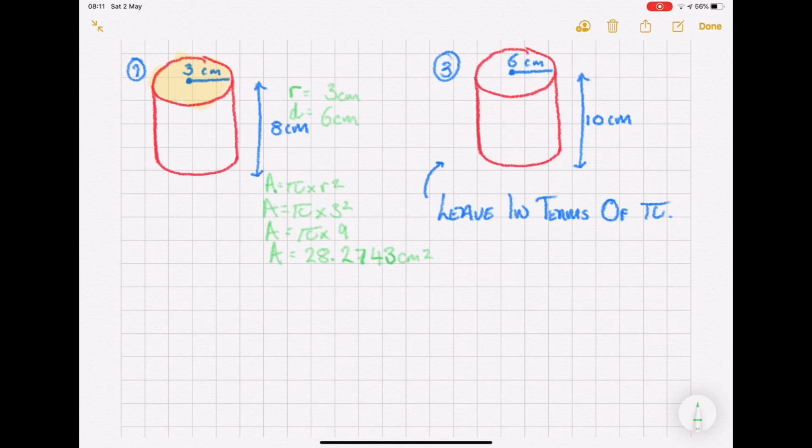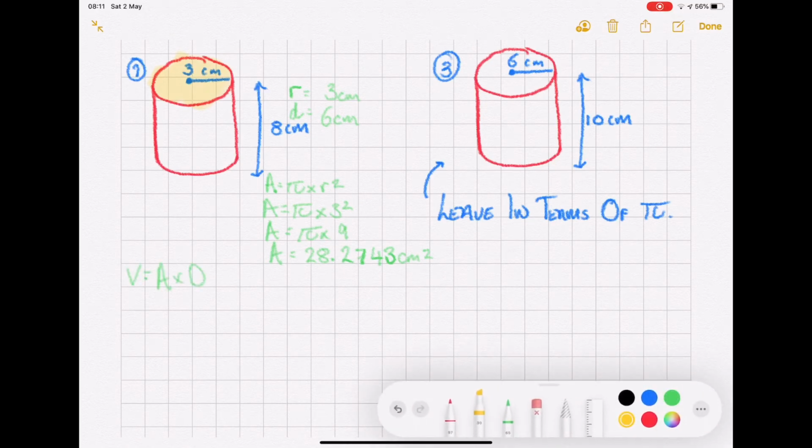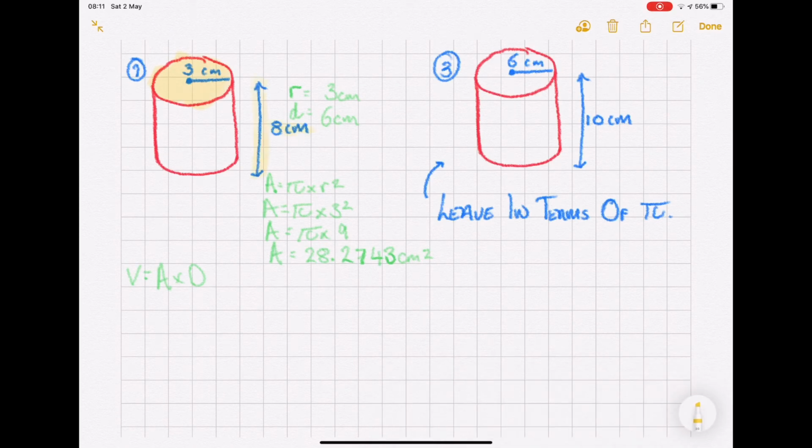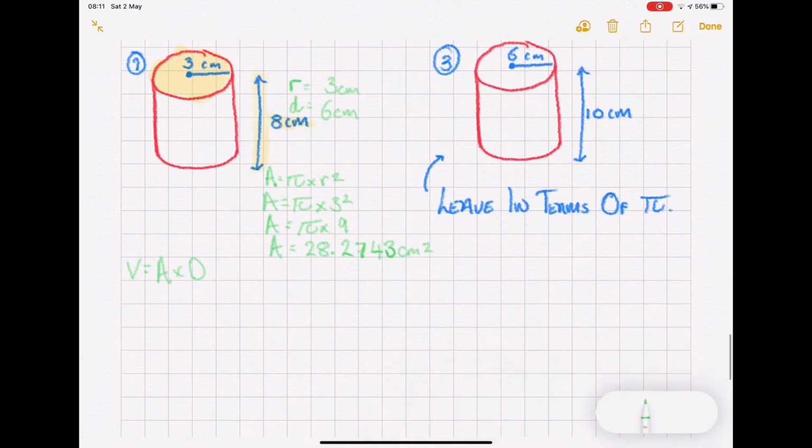Now we said the volume is the area times by the depth. What's the depth? The depth is this length here, which is 8 centimeters. Okay, cracking. So the volume is 28.2743 centimeters squared times by 8 centimeters.